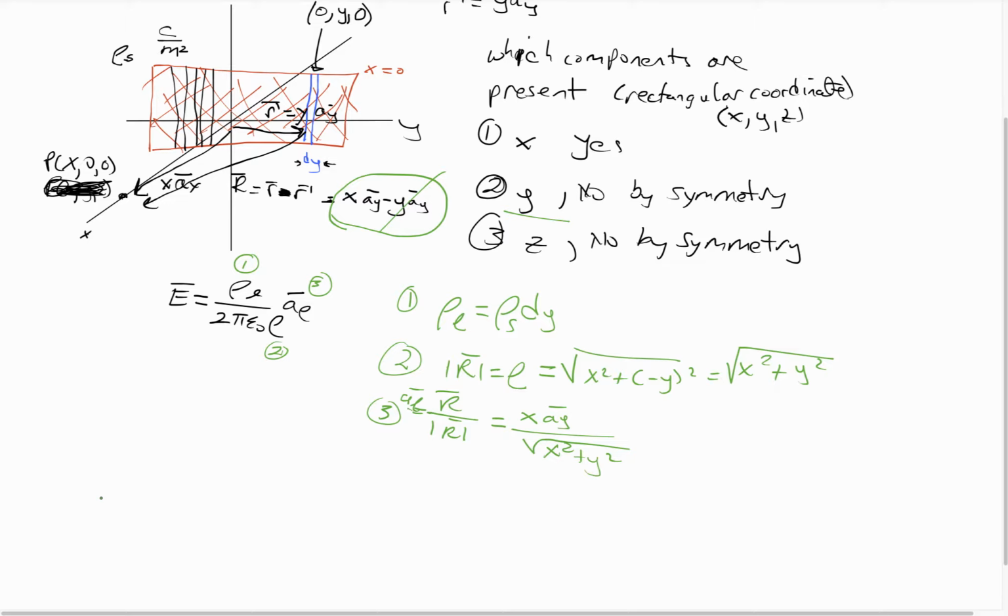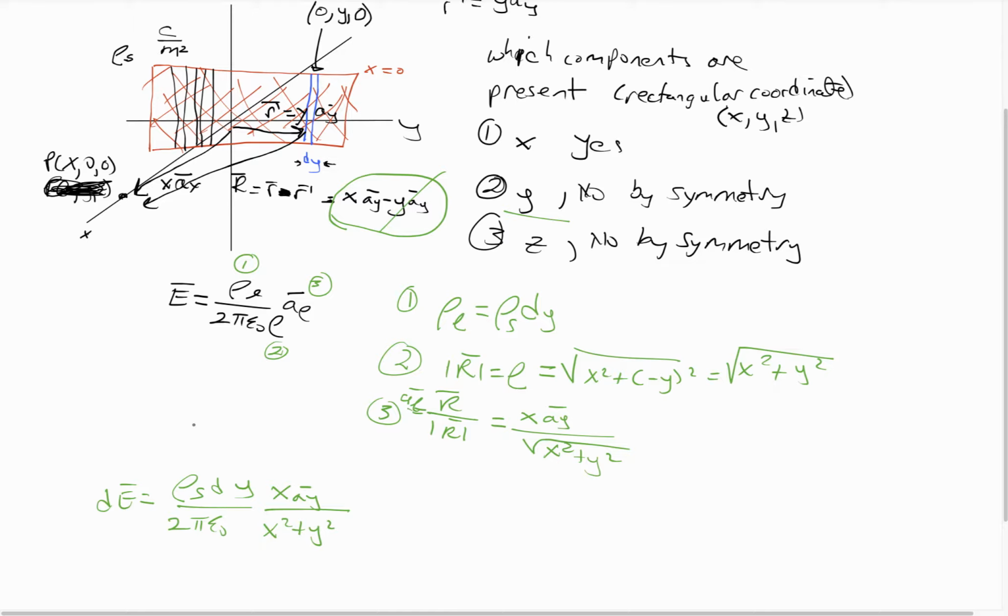So we're going to say dE is going to be equal to rho L, so we would say rho S dy, and then we have 2 pi epsilon 0, and then we have to put in our x a_x over x squared plus y squared. I think that's everything.